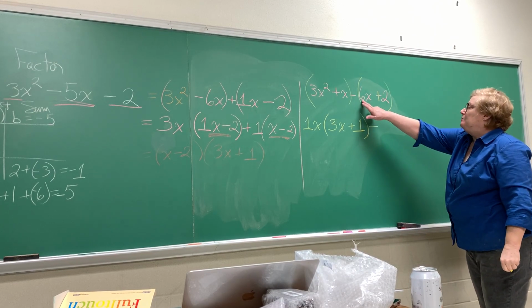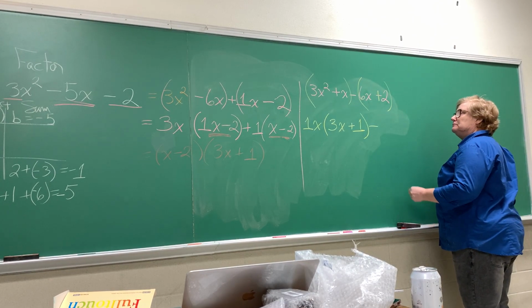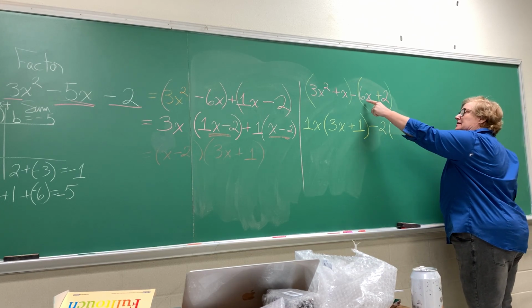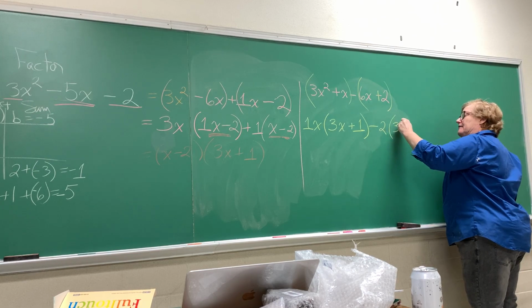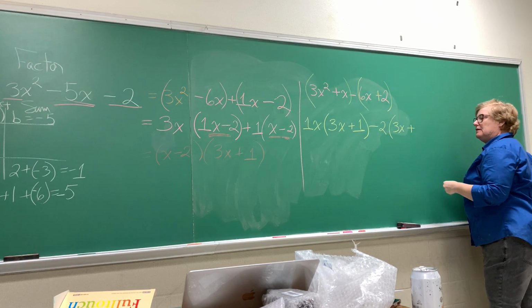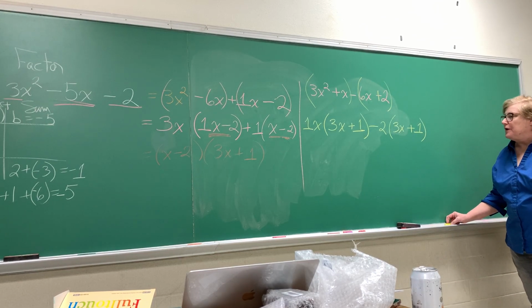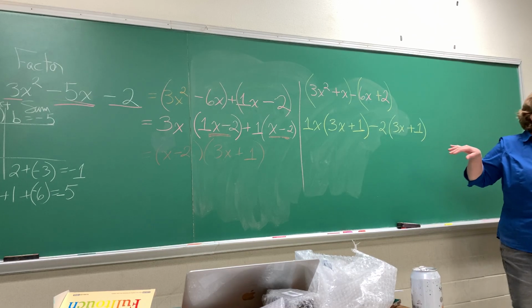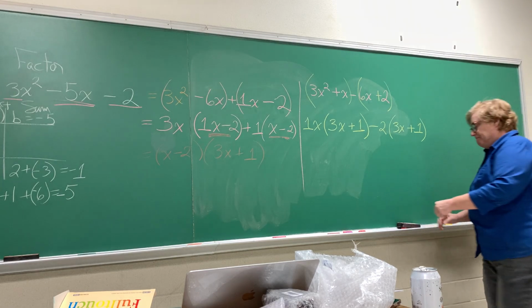Good. And between the 6 and the 2, what's common? 6 divided by 2? 3. And we still have that x. 2 divided by 2, 1. This is where we know whether or not we're doing it correctly. And how do we know that, yes, we are doing it correctly? They match, that's right.